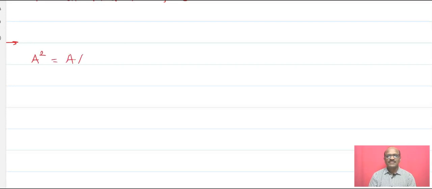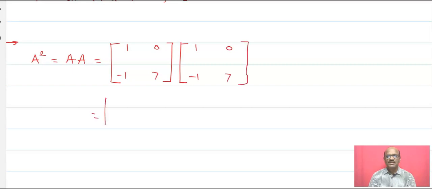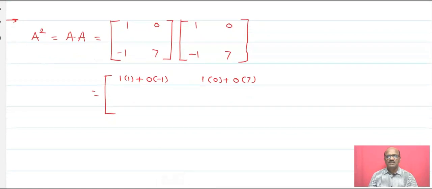I think that this example is repeated. You can see now. Let's find out the value of A square. First row, first column.